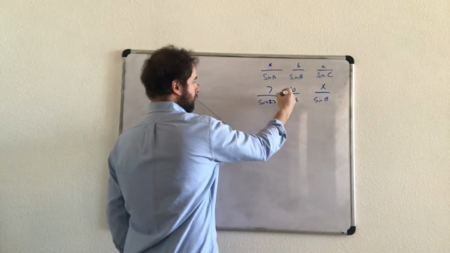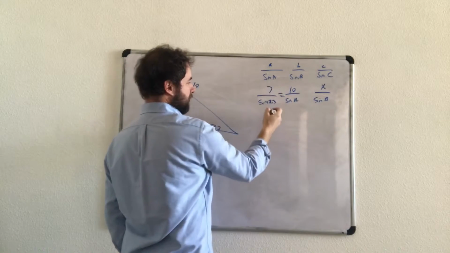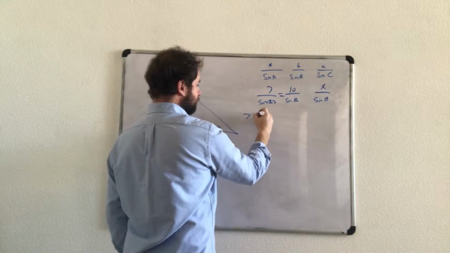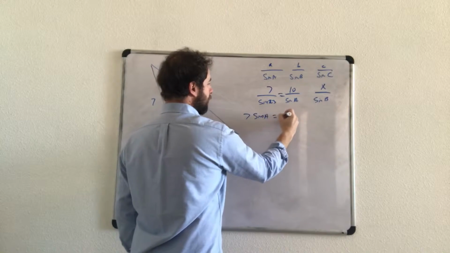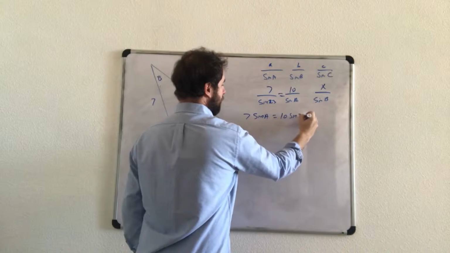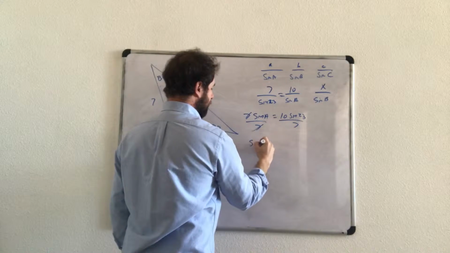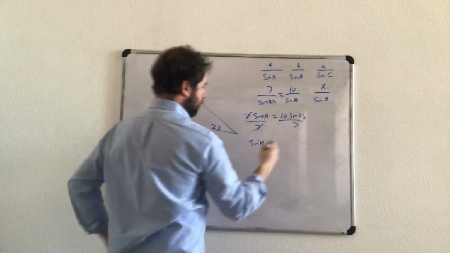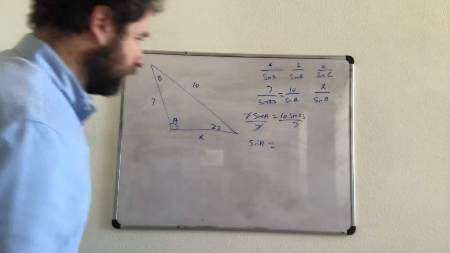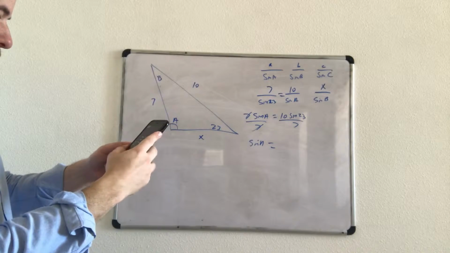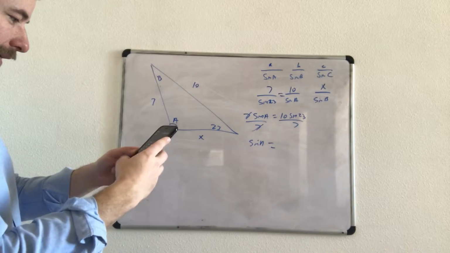But we'll take this one right here, 7 over sine 23 equals 10 over sine A. We get 7 sine A equals 10 sine 23. Divide both sides by 7. We get sine A equals, once again, put this in our calculator, 10 sine 23 equals, then divide that answer by 7.